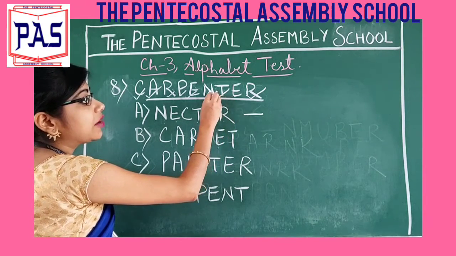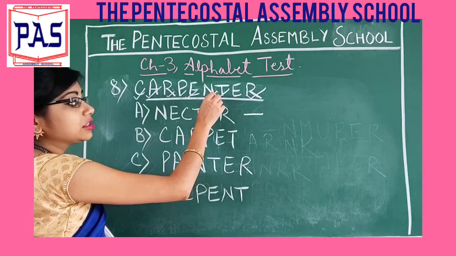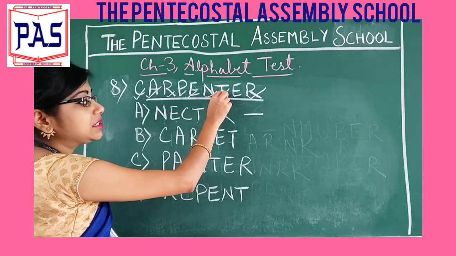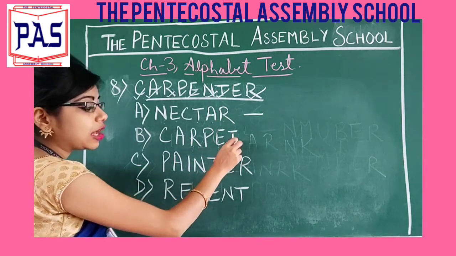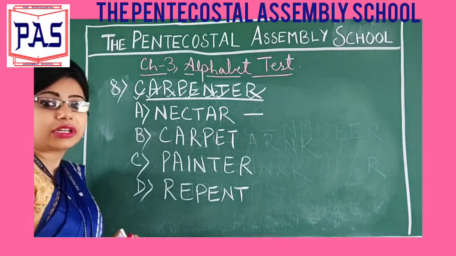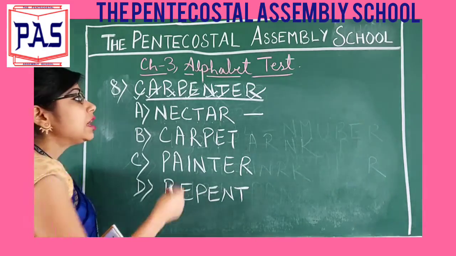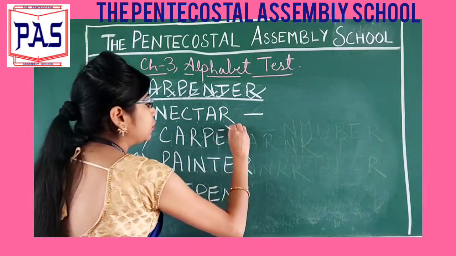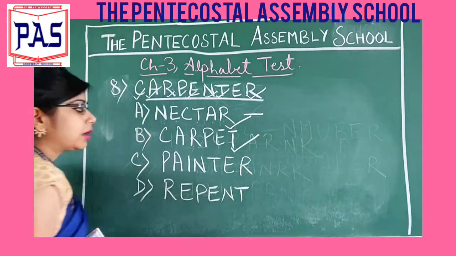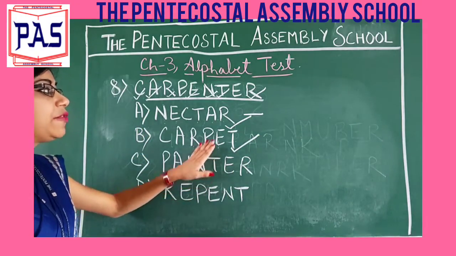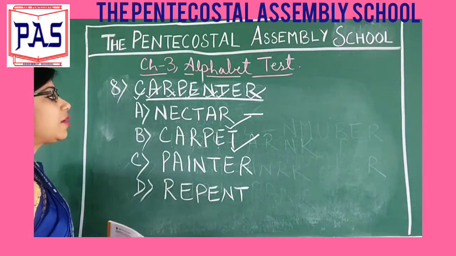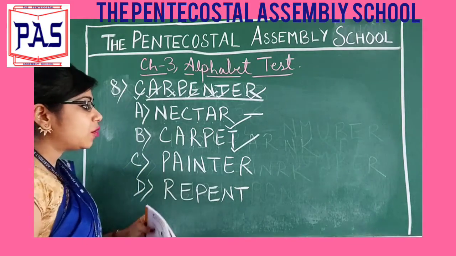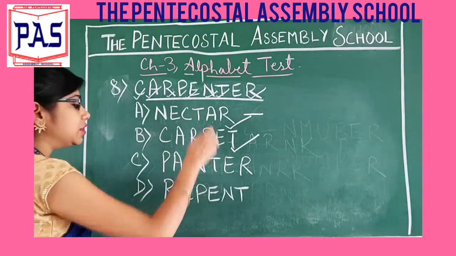Again you can see after skipping the letter N, T is also there. So you can also make the word carpet from the word carpenter. So options A and B we can make from this word.